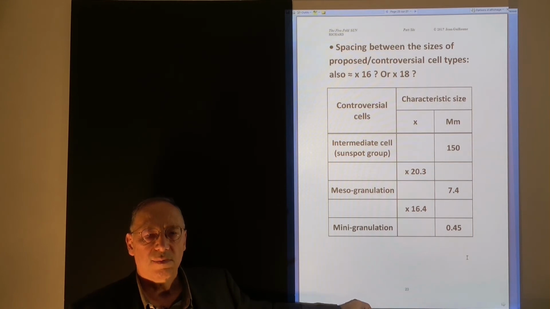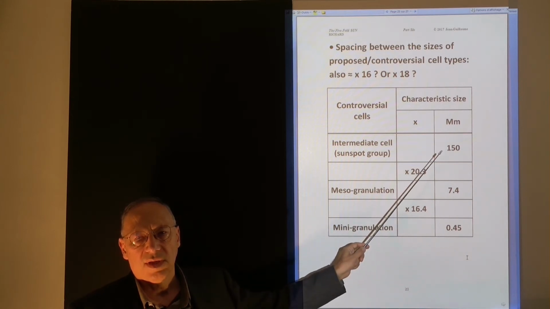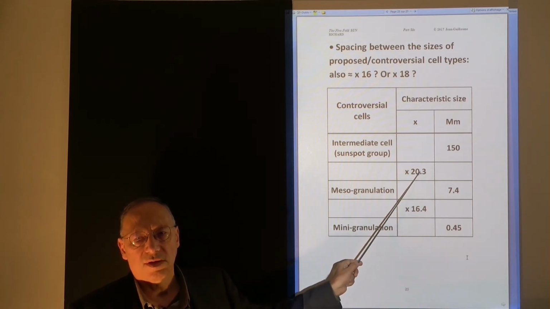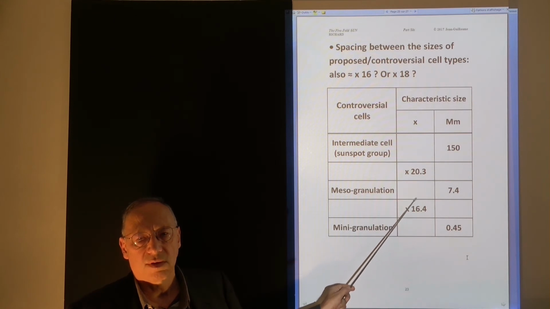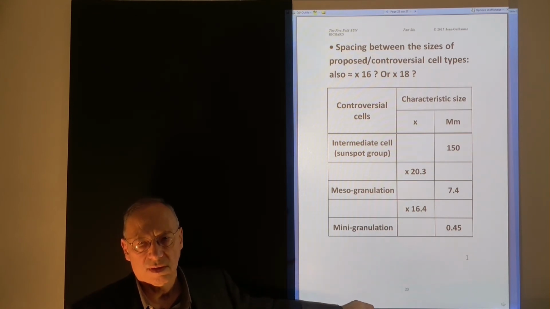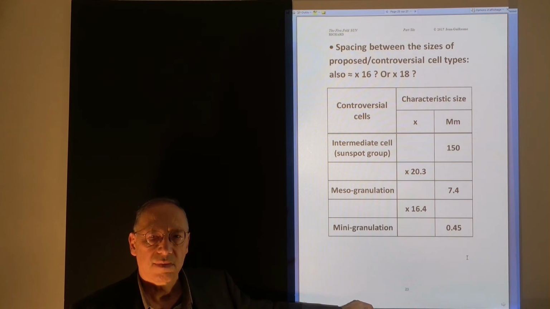And then again, the spacing between the sizes of the proposed or controversial cell types seems also to be spaced at a factor of 16 or perhaps 18 or 20. You see, from intermediate sunspot group to mesogranulation a factor 20, and from mesogranulation to minigranulation a factor 16.